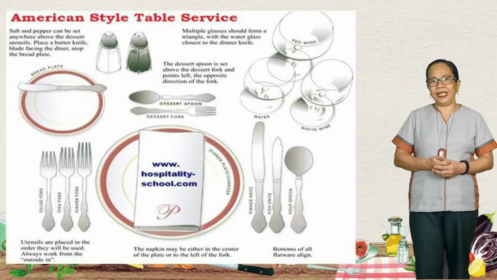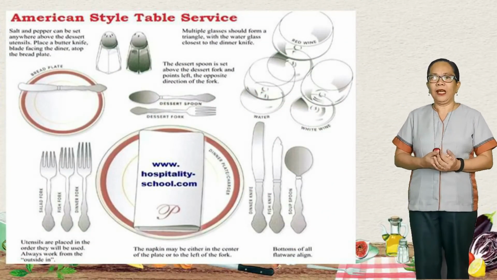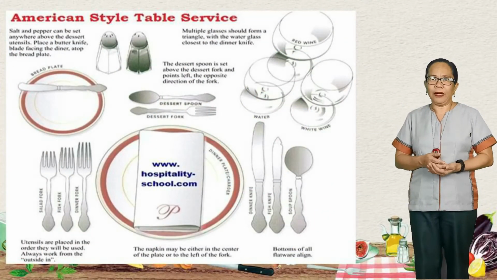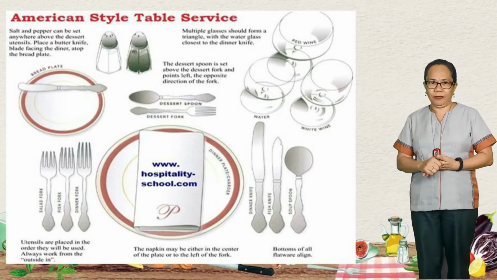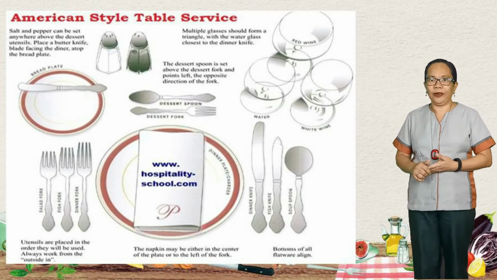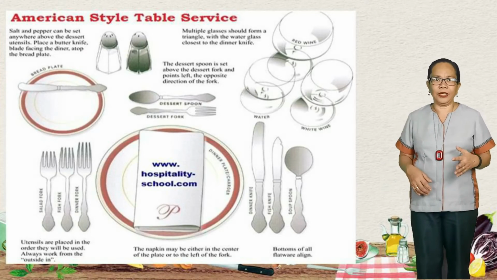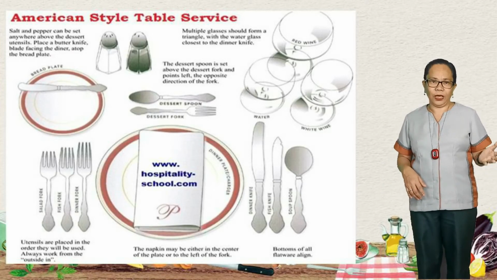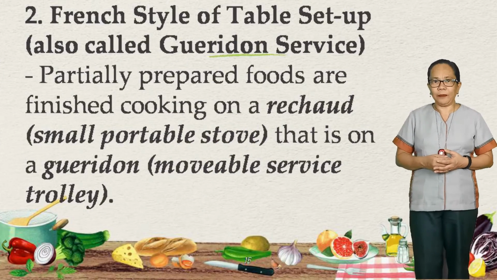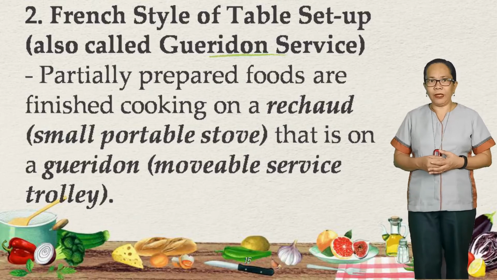So, this is the appearance of the American style table service. So, it is correct, no? The knife placed on the right side of the diner and then the fork is on the left side of the diner.